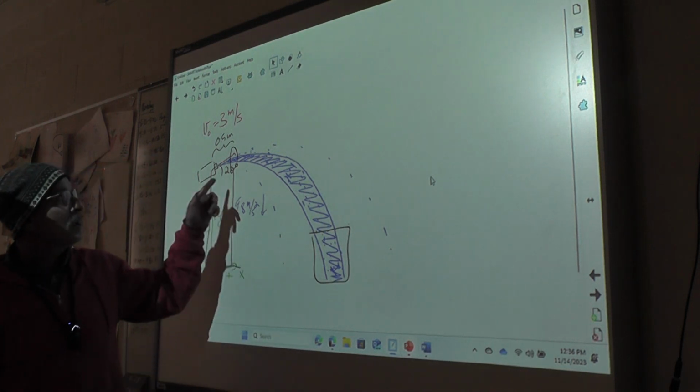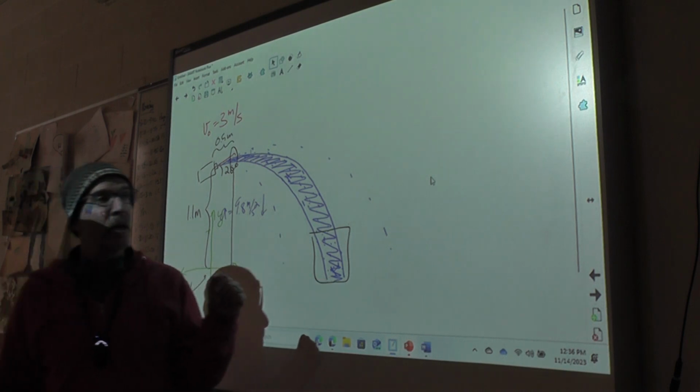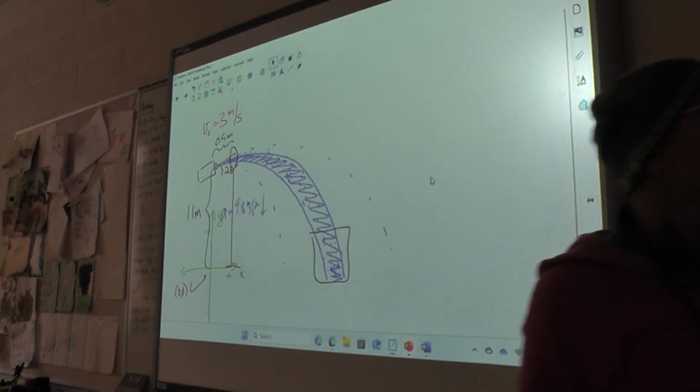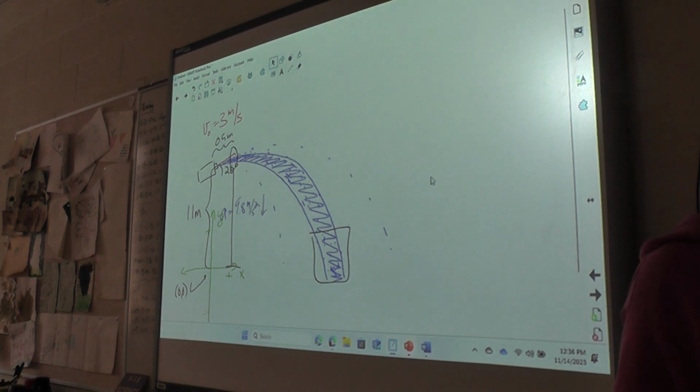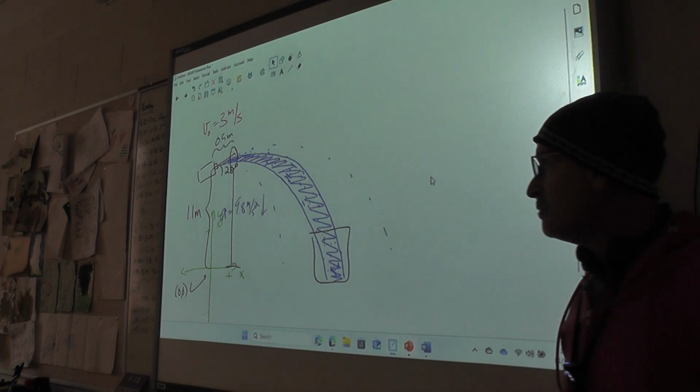Same with our launcher, we want it to go through the hoop and into the bucket. If it turns out that fudging these numbers a little bit, changing them a little bit, gives us a better prediction, then we'll just use that, even if they're not quite right. It doesn't really matter. Right or wrong doesn't matter. It's, can we hit the target?